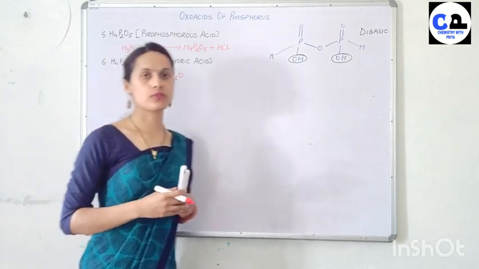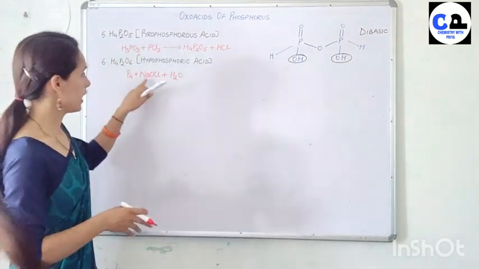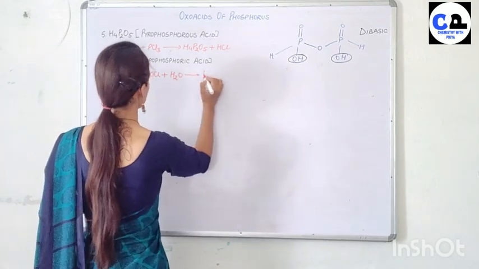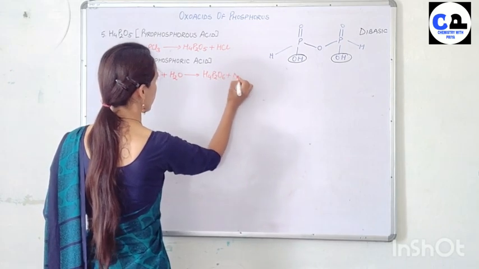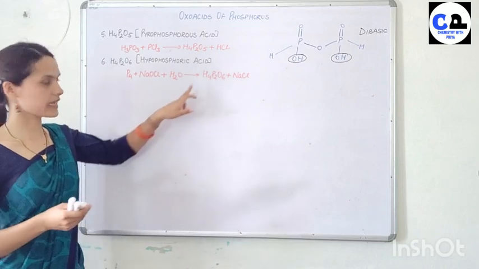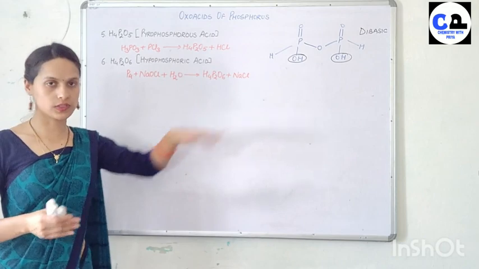We get H4P2O6 plus NaCl. So by this reaction, we will get hypophosphoric acid, that is H4P2O6.